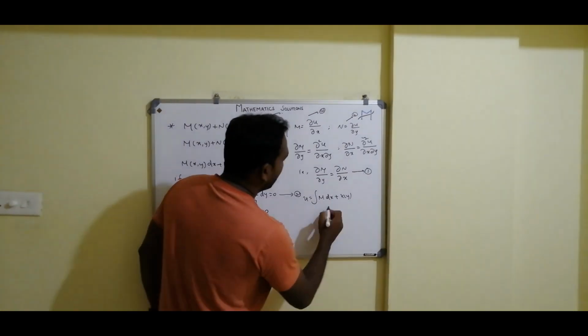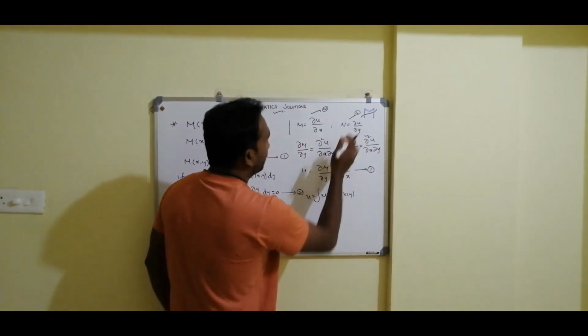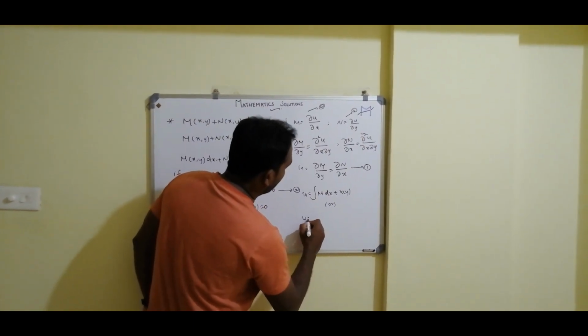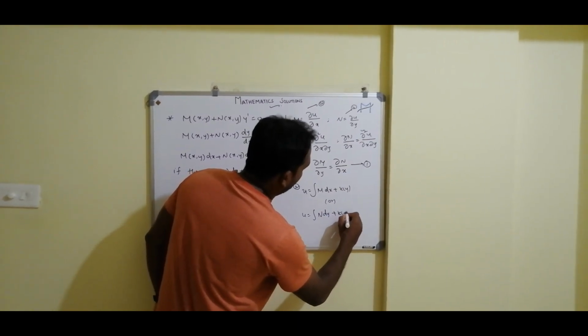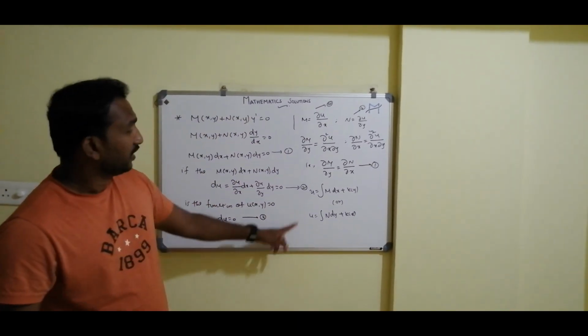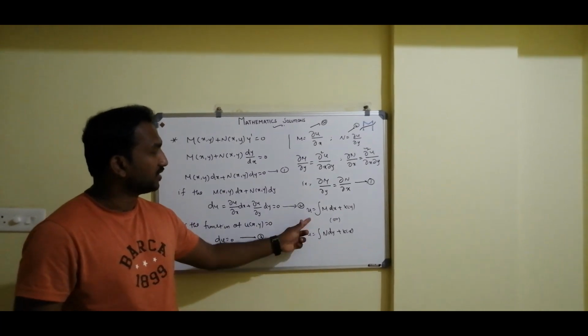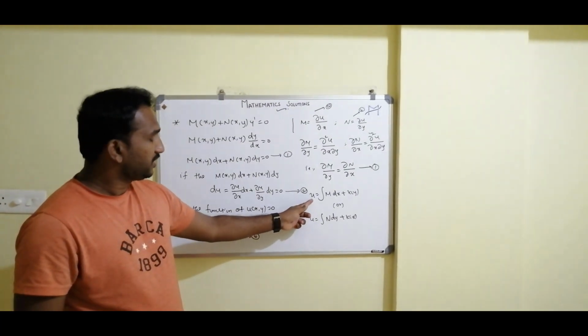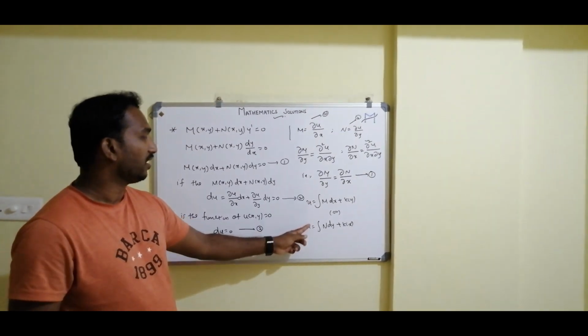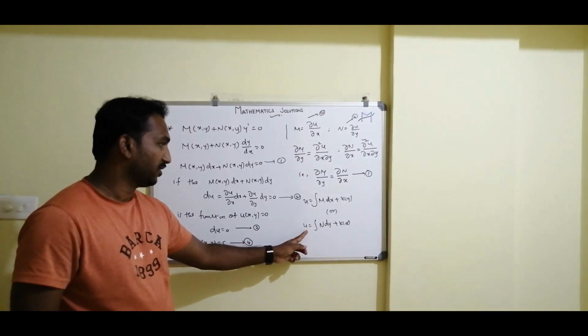Similarly, from the other equation, u = ∫N dy + k(x). Now take any one equation and differentiate partially with respect to y or with respect to x.